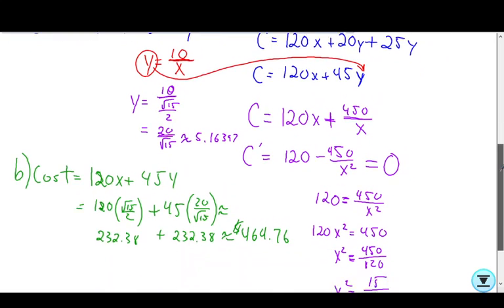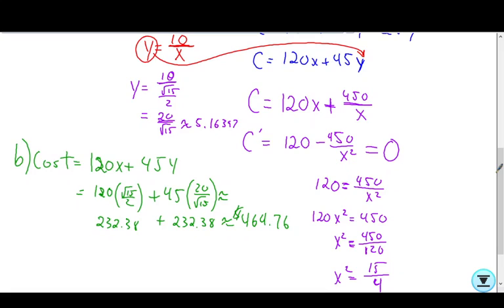So using a calculator, now notice that the total X piece and the total Y piece ends up being the same amount of money. And my total amount is $464.